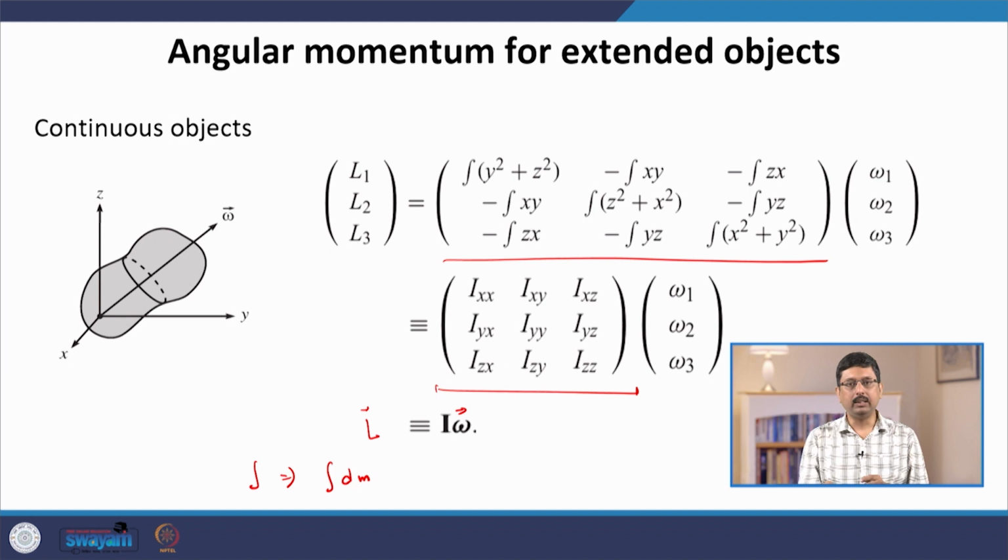So, the diagonal elements of this tensor represent the spread of the mass distribution about the axis. So, now all the things that we learned about the moment of inertia tensor we can immediately apply here. We know that this is written in an arbitrary choice of reference frame.